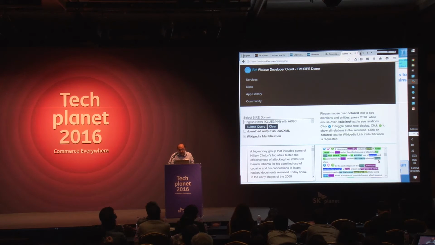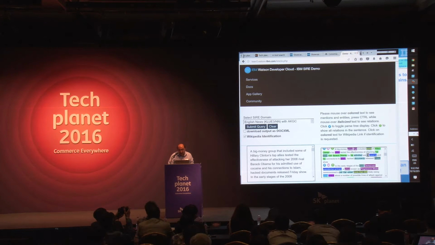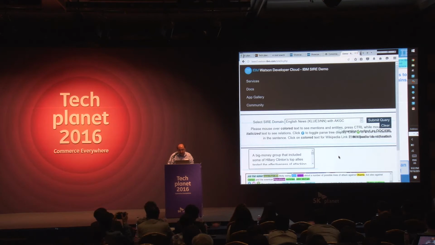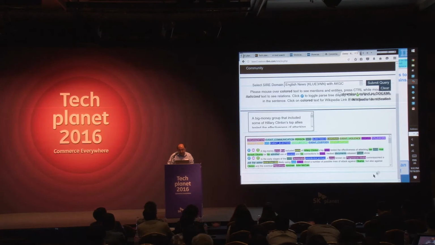So you can see here, there is a legend at the top. Here it says by color what type of entity it is. Like green is person. So if I go down here, you can see, for example, Barack Obama is a person. Let me make it a little bigger. Okay, this is better.